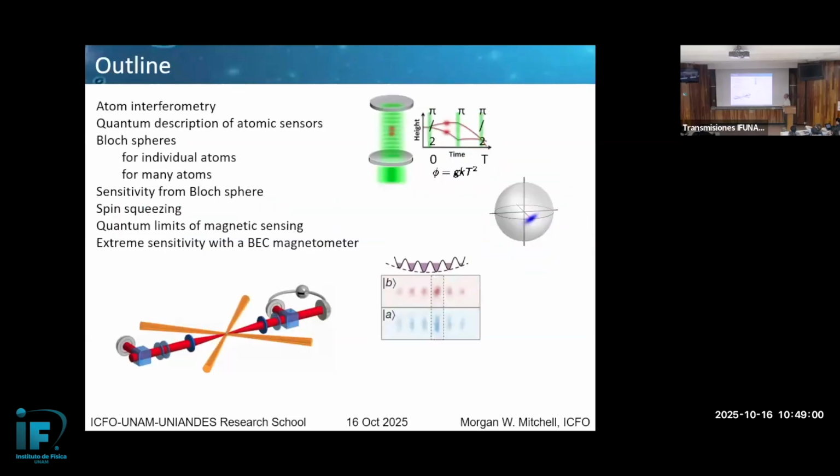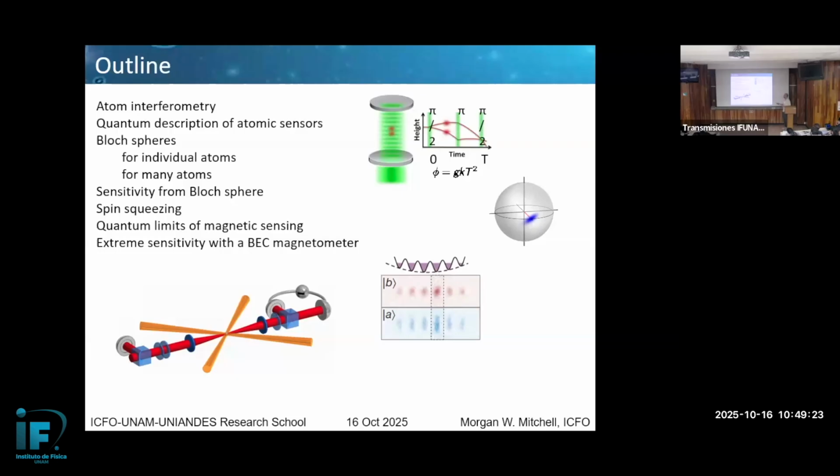I'm going to introduce this topic through atom interferometry because it's a very interesting topic, and it also is good for illustrating the things that I need to illustrate, which are especially the Bloch sphere description, the single atom Bloch sphere, and then many atom Bloch spheres.